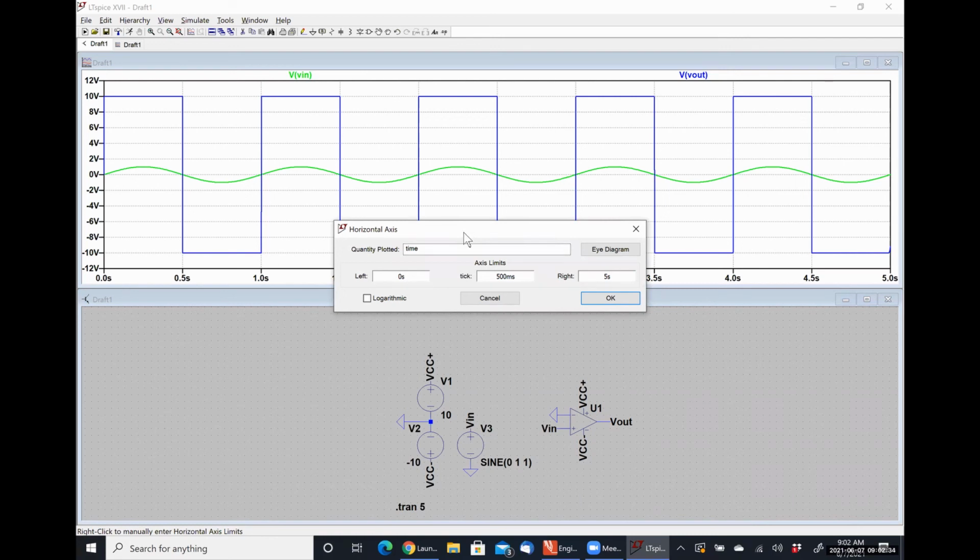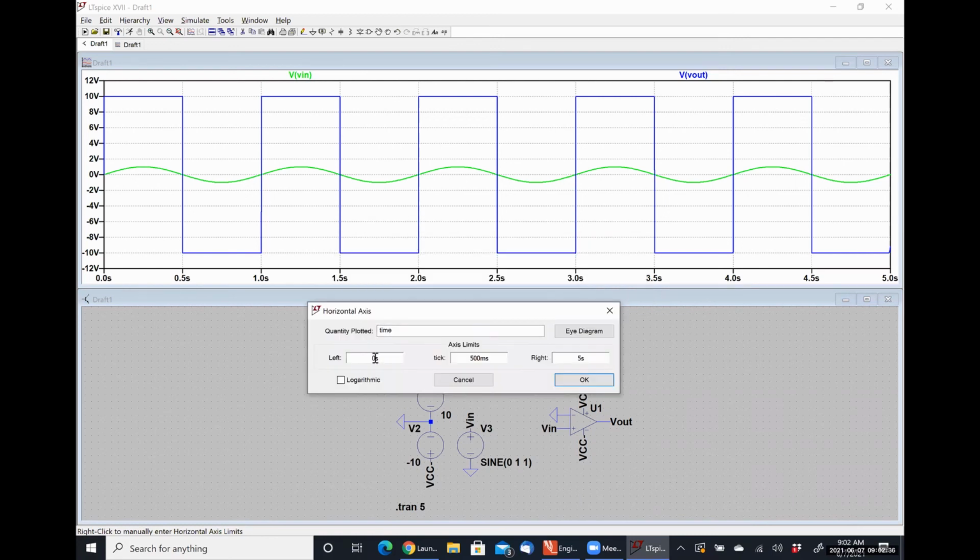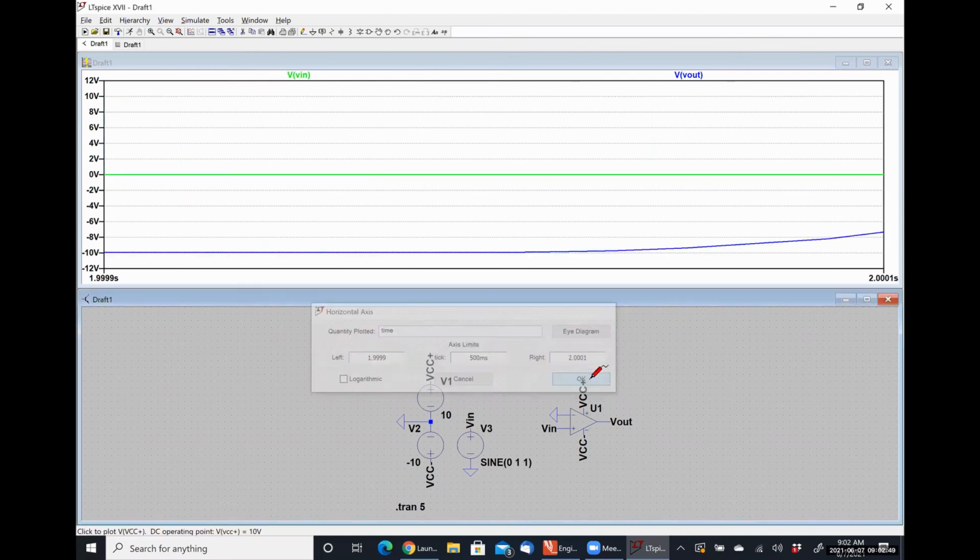So let's look at 0.9999 seconds and 2.0001 seconds. It's starting to, this is not looking remotely like what I expected it to.